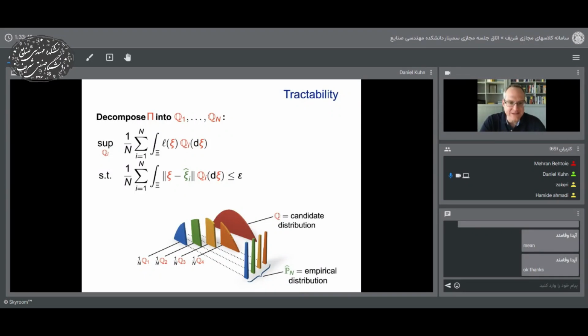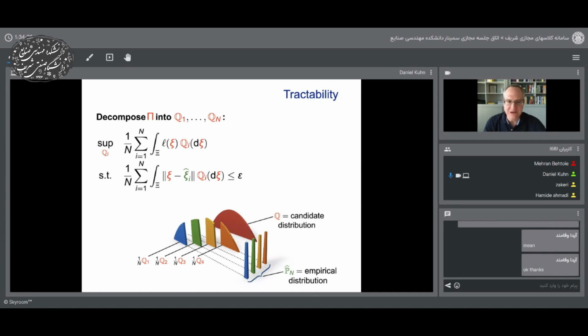So we can completely express this joint distribution capital pi in terms of the conditional distributions Q1, Q2, Q3, and so on, Q4, right? And our objective function then becomes equal to the average over the n conditional distributions, and then we take the expected loss under each of these conditional distributions. And the Wasserstein constraint also simplifies to an average of n integrals, where in the ith integral we just evaluate the expected value of the norm distance between Xi and the ith training sample Xi hat i under the ith conditional distribution. So this is just an exact reformulation.